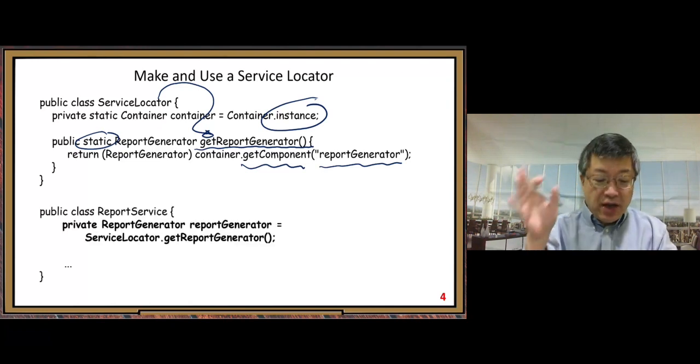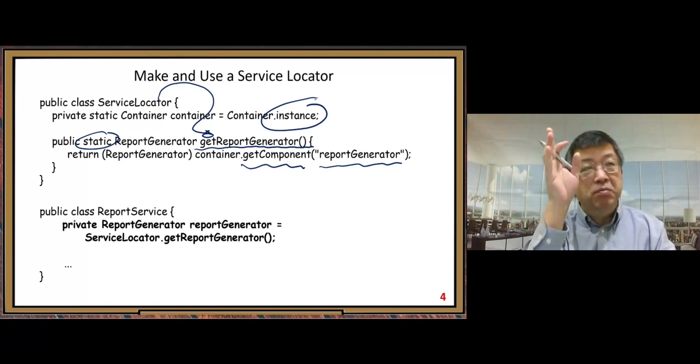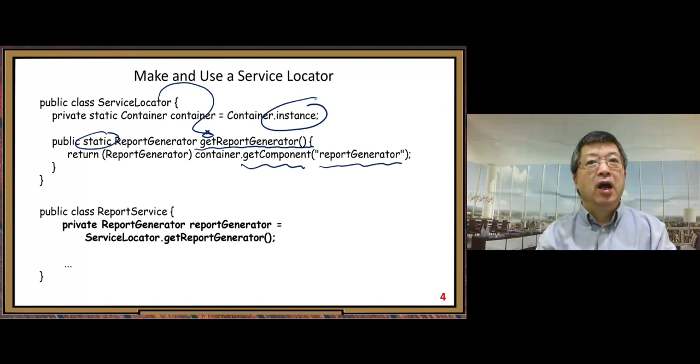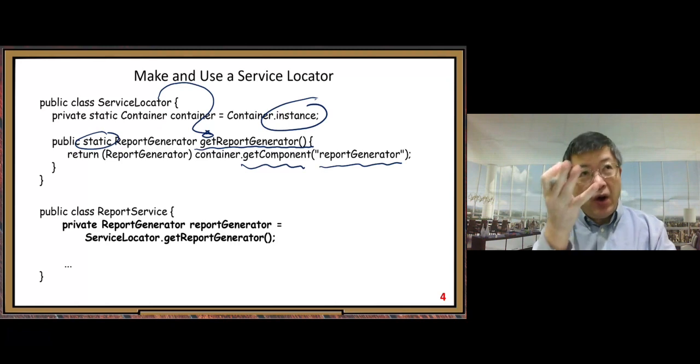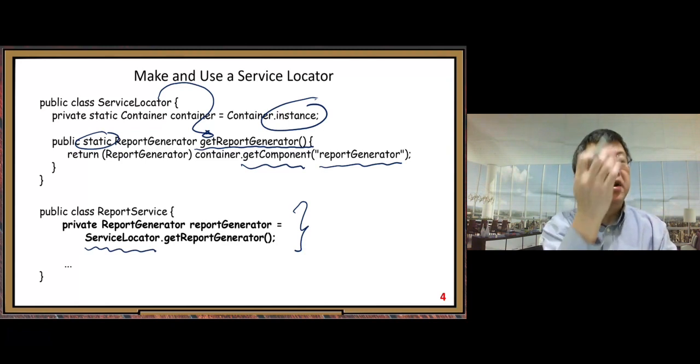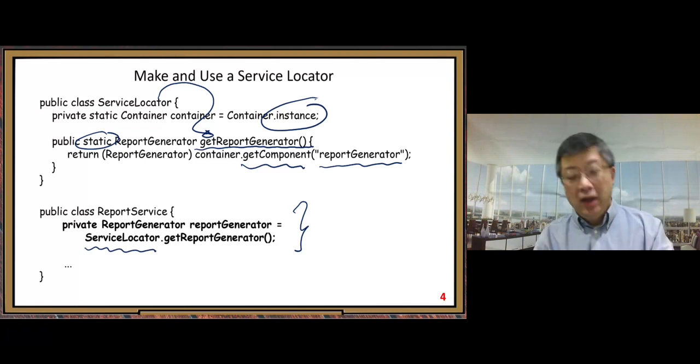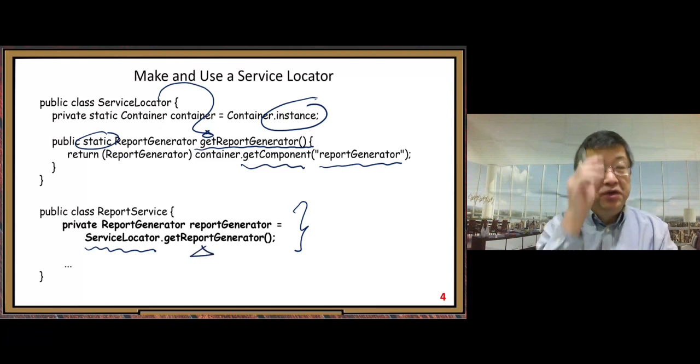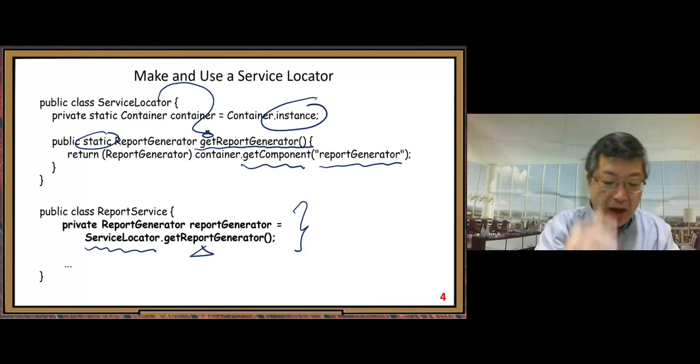Then inside your report service business class, how do you call the service locator? You just access the service locator by the class name, because you just need to call its static method.